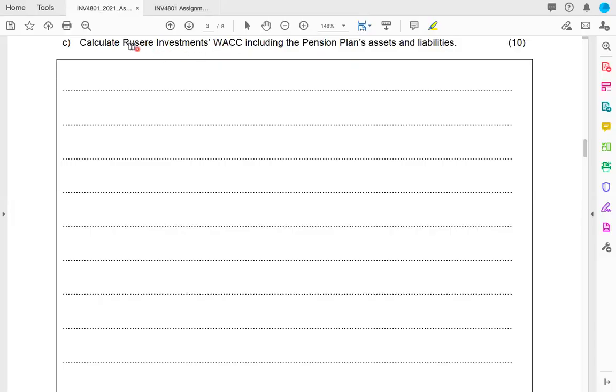Part C says, calculate Rosetta investments WACC, including the pension plan's assets and liabilities. Okay. Now, for this part of the question, we need to factor in some other concepts.